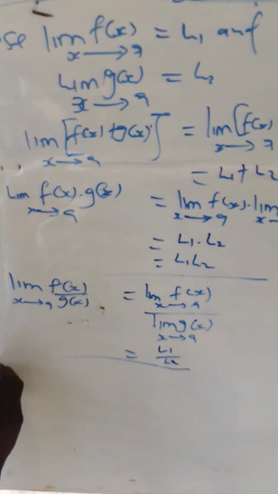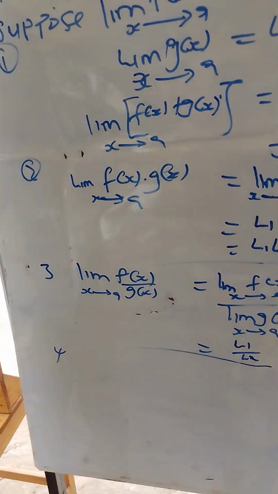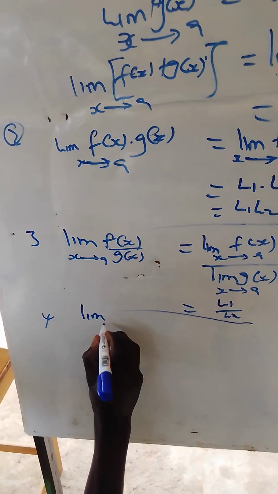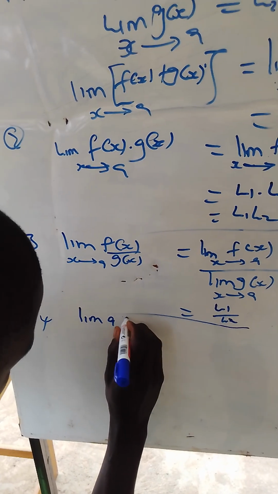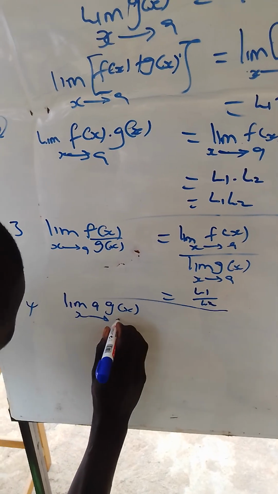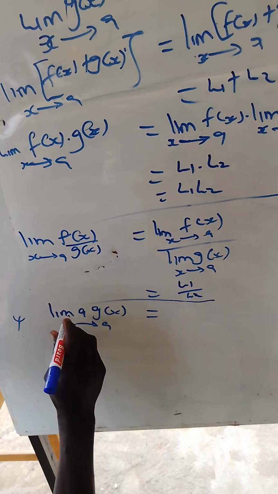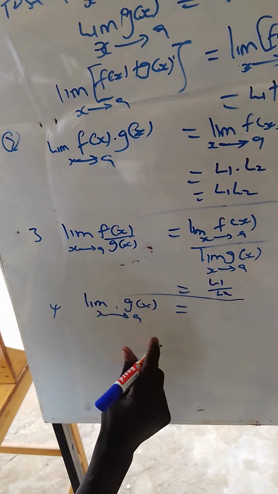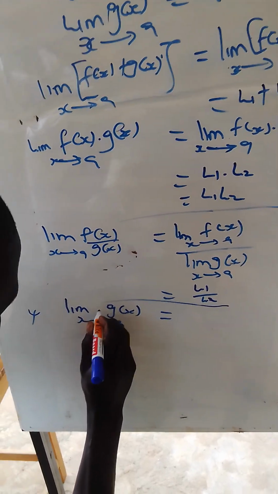Let's look at the next one. For the limit of any constant times g of x for x tending to a, let's use a different letter, suppose we use m.